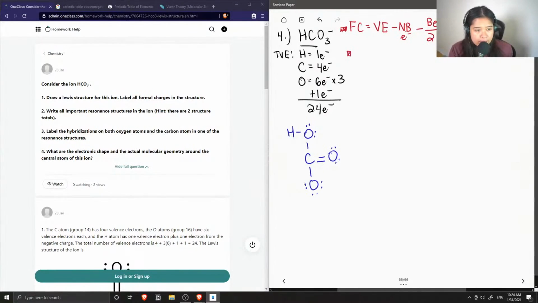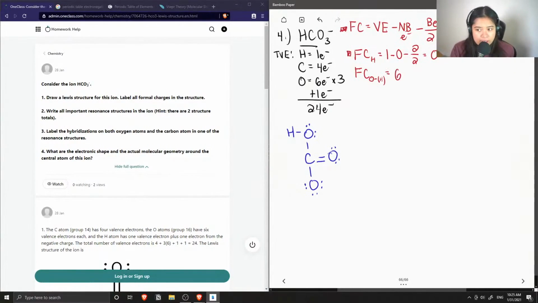So now let's calculate the formal charge of, let's say, the hydrogen atom. Hydrogen has 1 valence electron, and since there are no lone pairs on hydrogen, we write 0 non-bonding electrons. And there's only a single bond to hydrogen, so we write 2 bonding electrons divided by 2. We get a formal charge of 0. And let's do the same thing for the oxygen that has the hydrogen attached to it.